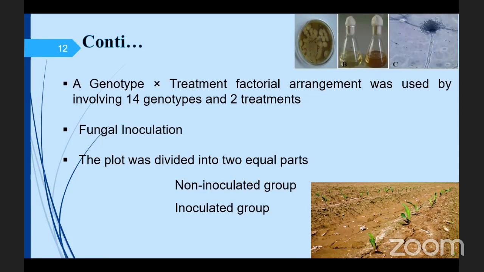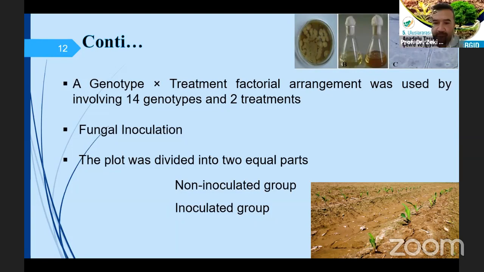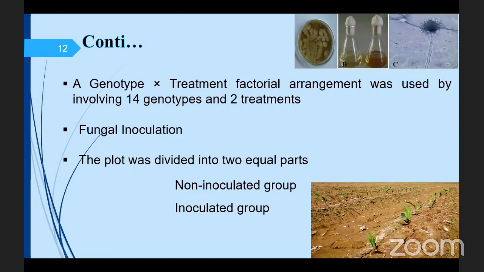The fungus Aspergillus flavus was inoculated, and the plot was divided into two equal parts. One part was treated with Aspergillus flavus, in other words, it was inoculated into the cobs of maize, and this was named the inoculated group.